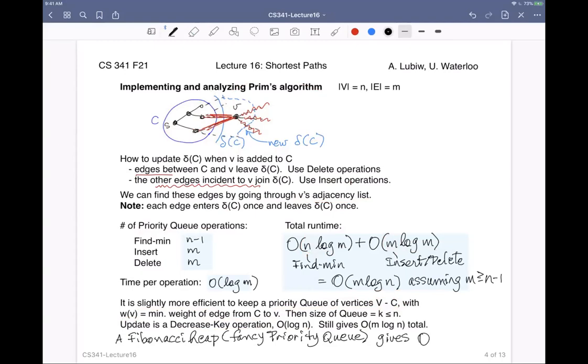So the total time that we get then is going to be m plus n log n. This is because I'm doing still my n-1 delete-min operations, each at log n. But my changes to the priority queue are just decrease key operations and m in total. So this is theoretically better. In practice, I think it's better to stick with the ordinary heaps that you know, because Fibonacci heaps are very complicated. But from a theoretical point of view, this is the best way to implement minimum spanning trees.